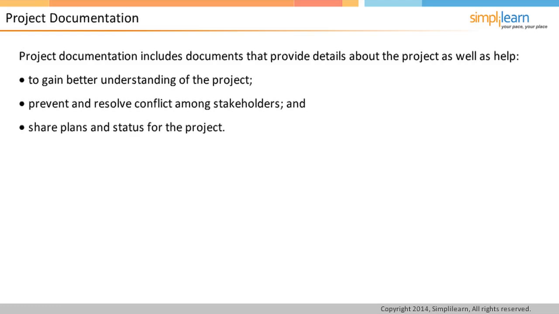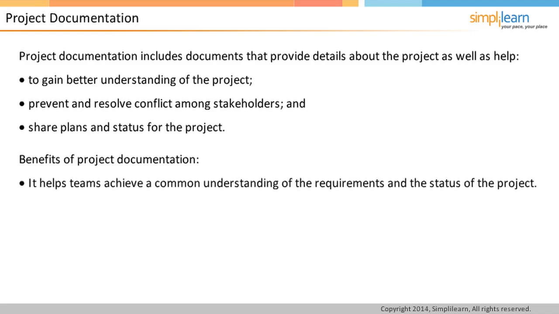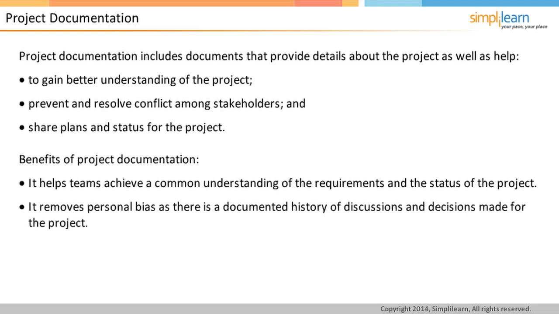Some of the benefits achieved through project documentation are mentioned below. Documentation serves as written proof for execution of the project. It helps teams achieve a common understanding of the requirements and the status of the project. It removes personal bias, as there is a documented history of discussions and decisions made for the project.